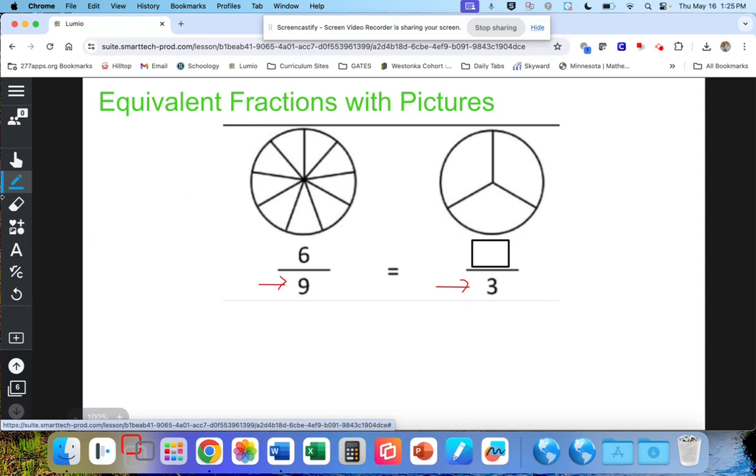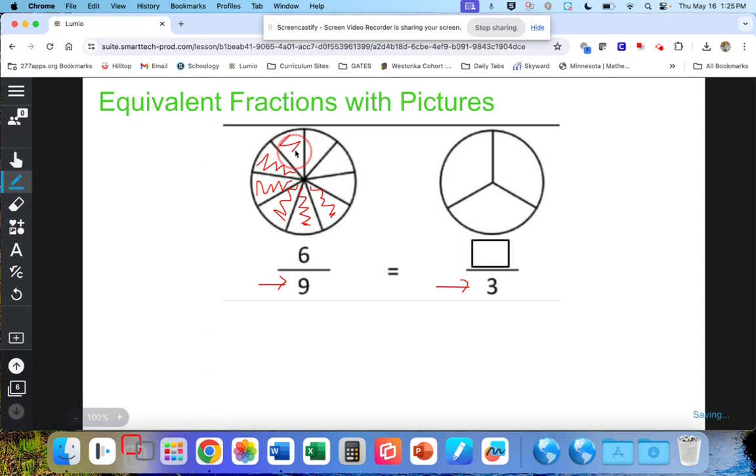If I have 6 pieces shaded, I can shade in 1, 2, 3, 4, 5, and 6. I should be able to color in the exact same amount of pieces on the other side. Now, I might want to change one of my pieces here, just so it matches up with the picture on the other side.